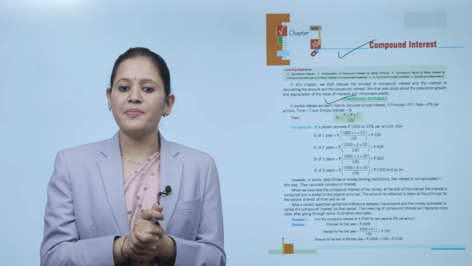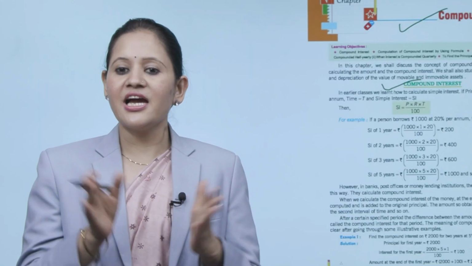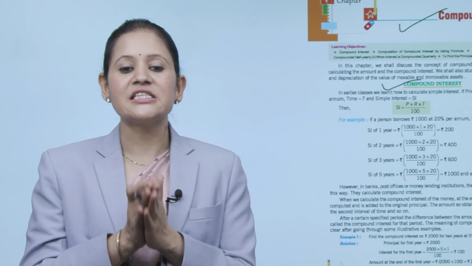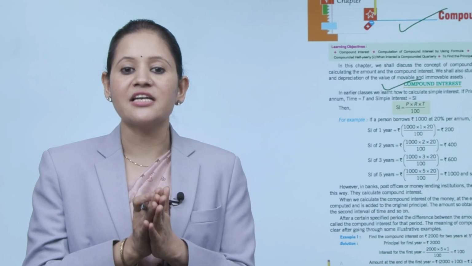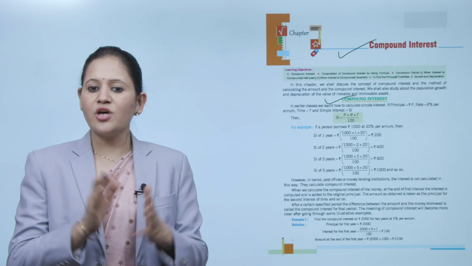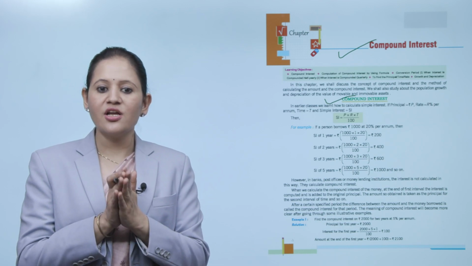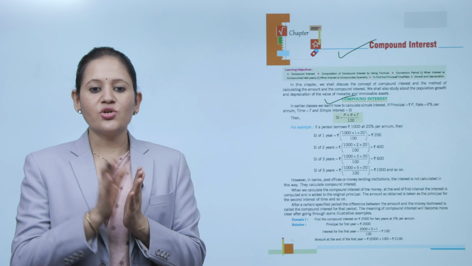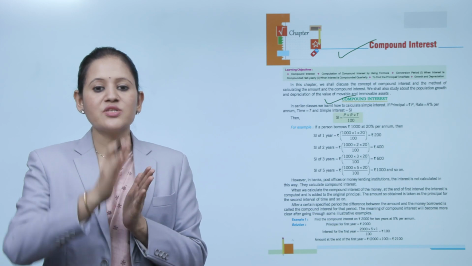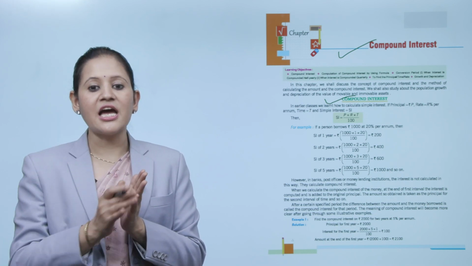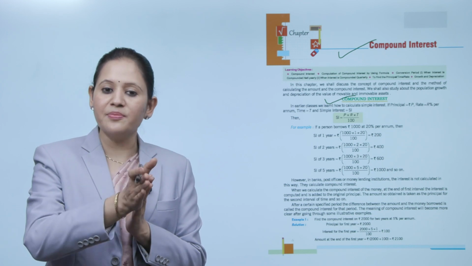When we calculate the compound interest of money, at the end of the first interval, the interest is compounded and is added to the original principal. So, the amount so obtained is taken as the principal for the second interval of time, and so on. So, in compound interest, what we do? First, we calculate the interest, and that interest is added to the principal.